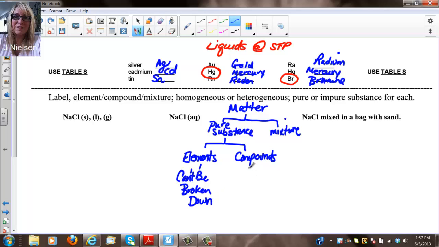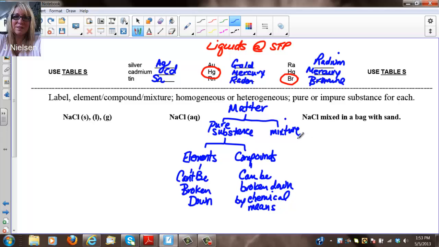And what we know about compounds is that they can be broken down by chemical means. Because if they're a compound, they were put together by chemical means. Therefore, they can only be taken apart by chemical means.